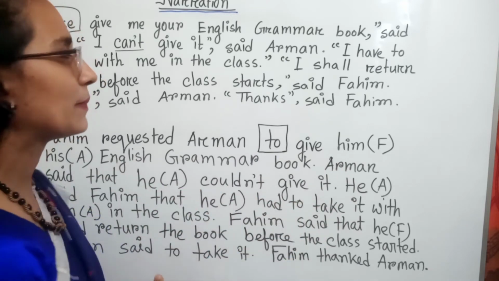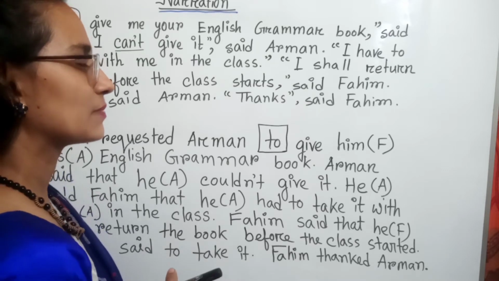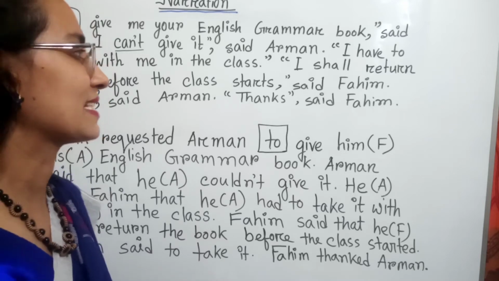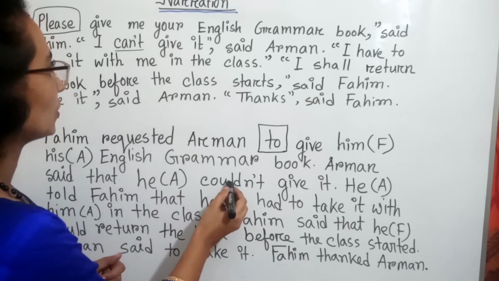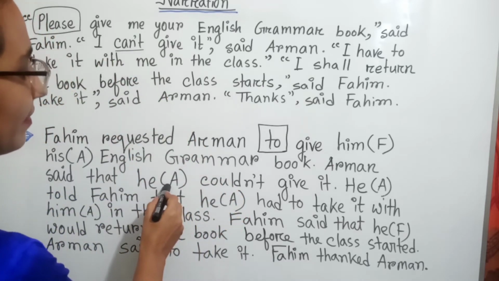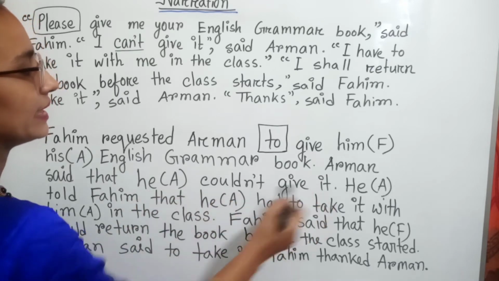You need to remember that if you see present tense in direct speech, in indirect speech you have to write in past tense. So the past form is could not, and I indicates here Arman. That's why I wrote here he could not give it.